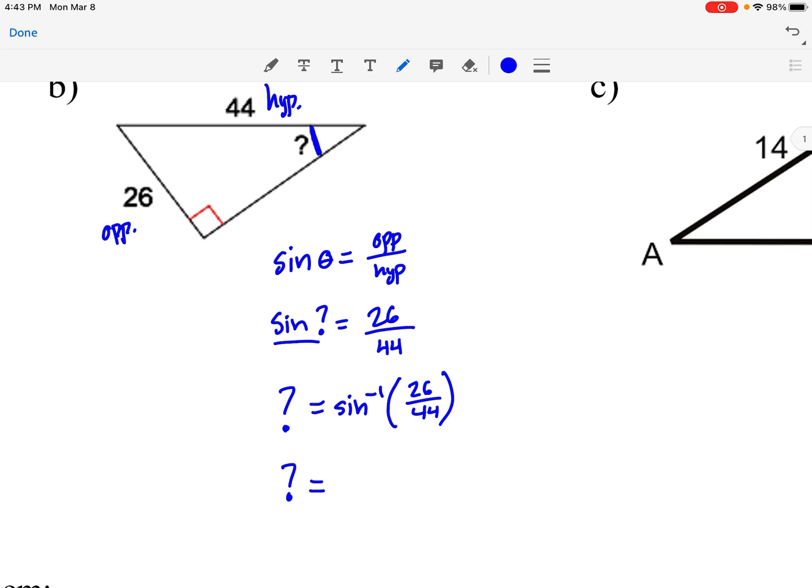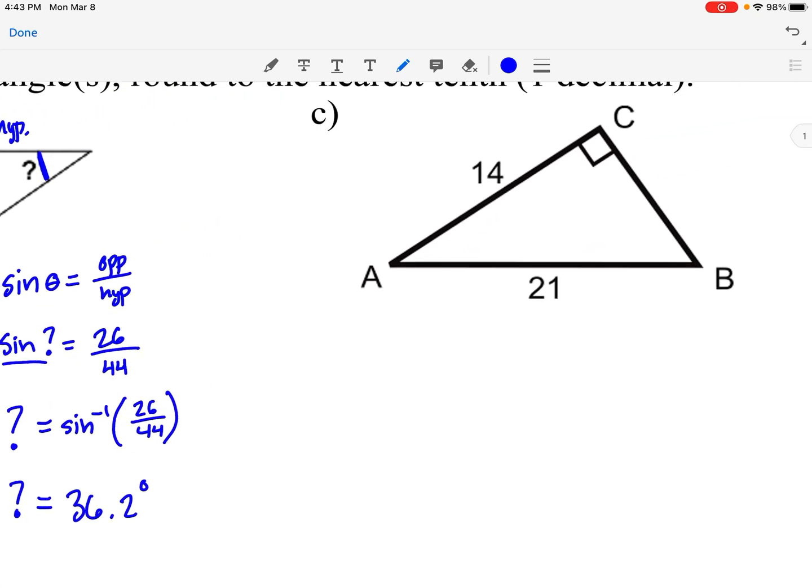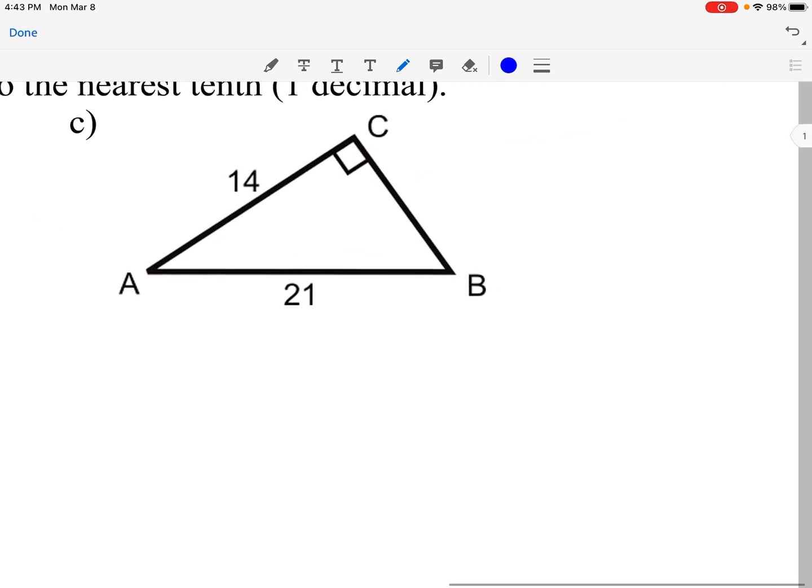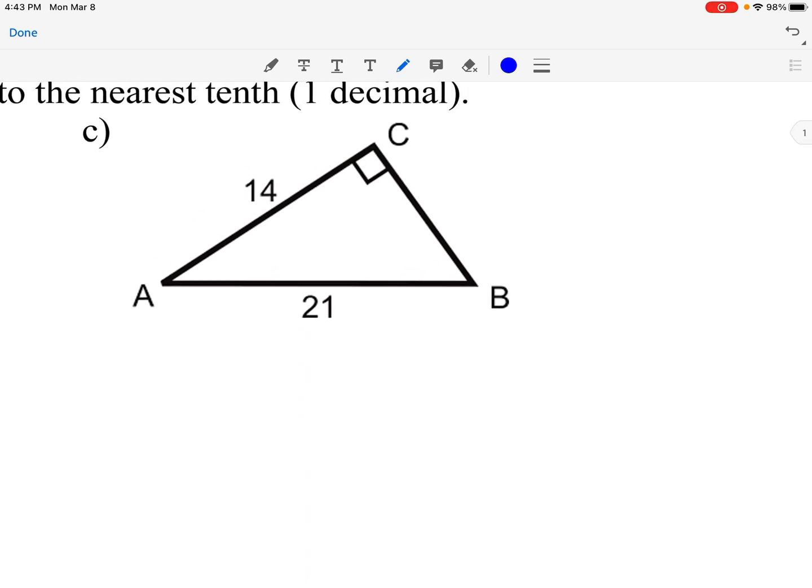So anytime you're solving for a missing angle, use the inverse sine or cosine or tangent button. So type that in your calculator, inverse sine of that fraction rounded to the nearest tenth, we have 36.2 degrees. And if you ever have a unit, please use it. So on every single answer, and we're going to have units pretty much on every answer today because we're going to be working with story problems.